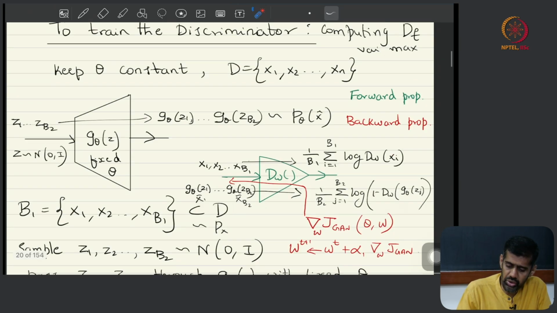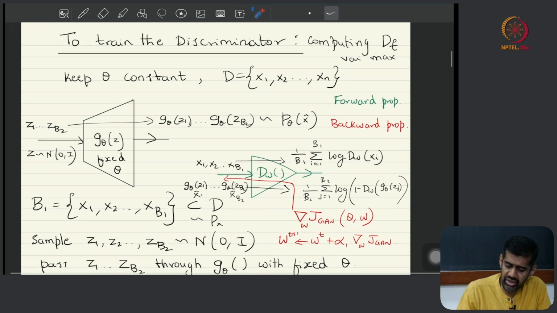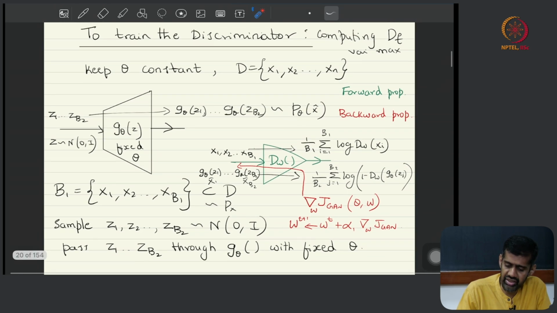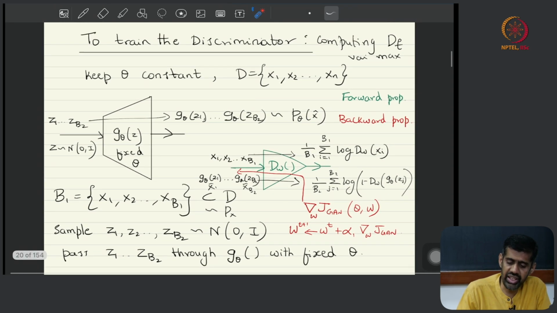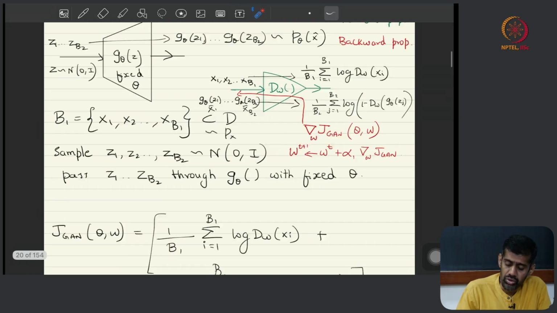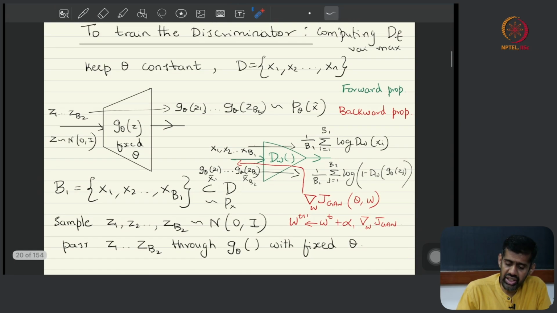Okay. So, if I have to summarize this entire training in one slide, this is how it looks. First we train the critique or the discriminator network, keep the theta constant, okay, sample a batch of points from the normal distribution, pass it through the g theta network to get x caps.